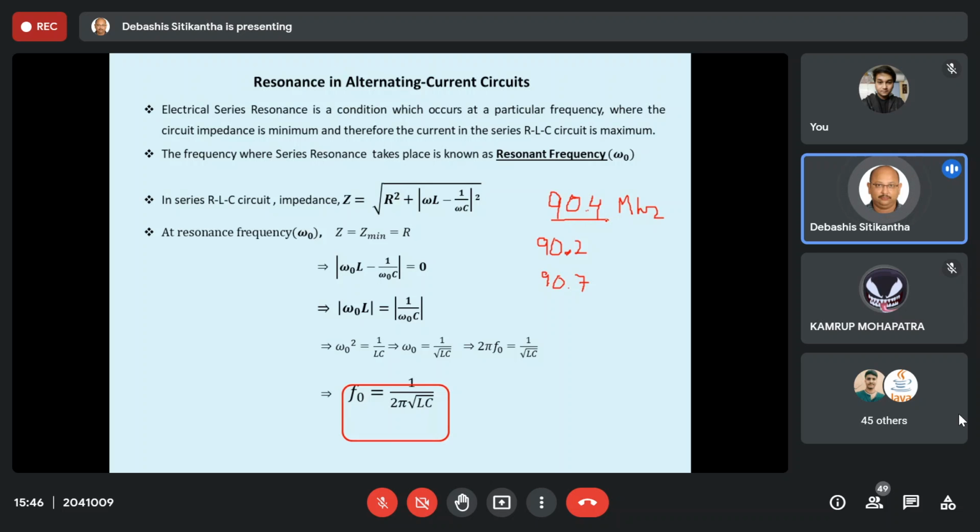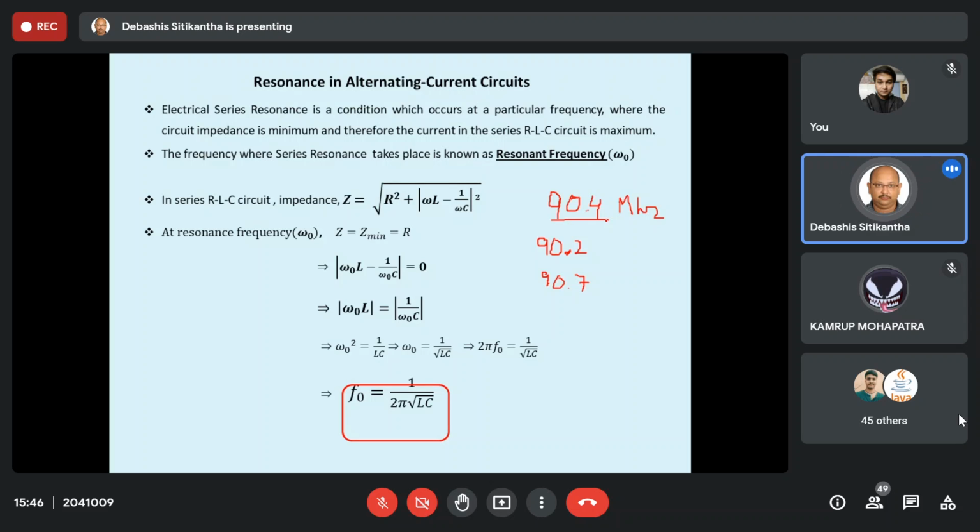That means this is a resonant condition, and therefore your radio set is going to absorb maximum energy from the signals sent by our community radio center. And therefore, the amplification process in your radio will be much better, and you can listen to the music in a nice way. So this is the main use of resonance.